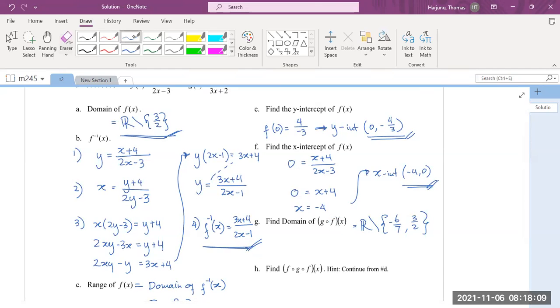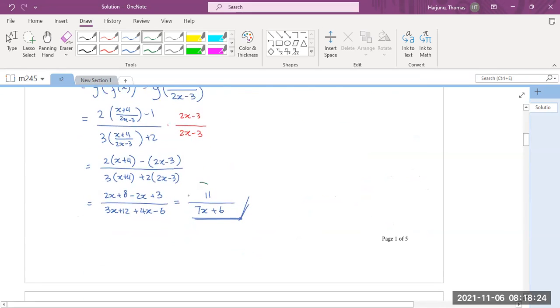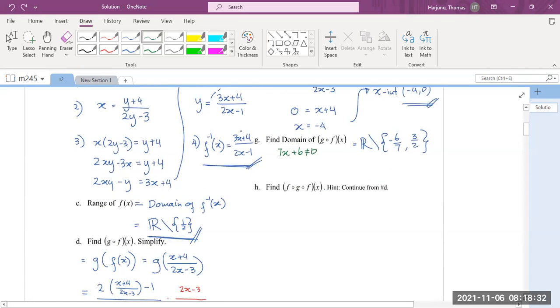Okay, so there are two things that we actually exclude. The one from the composite function is that 7x plus 6 is not supposed to be 0. Okay, 7x plus 6 cannot be 0, that's how we get that. We need to avoid -6 over 7.